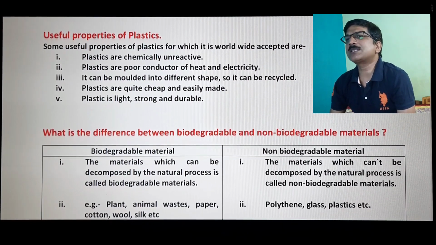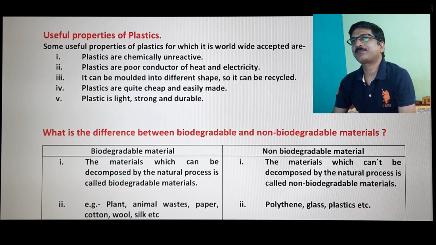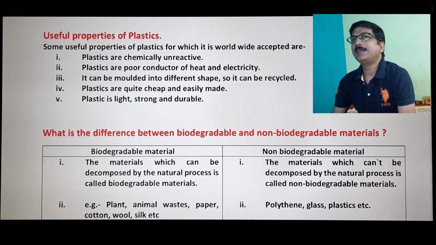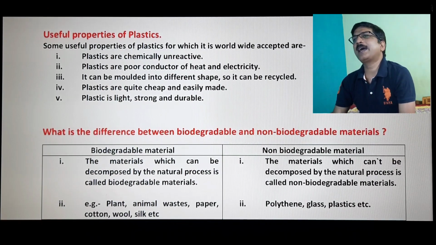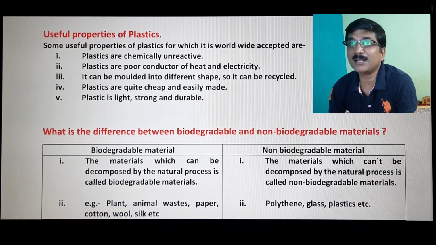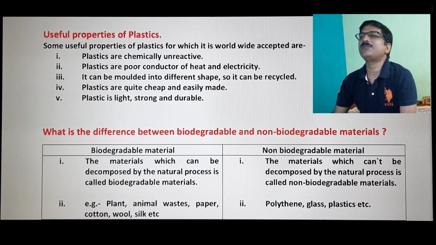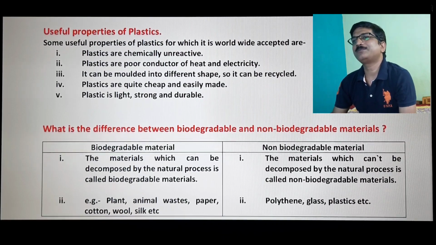Plastics are poor conductors of heat and electricity. It can be molded into different shapes. That's why it can be recycled. And compared to other materials, plastics are quite cheap and easily made.